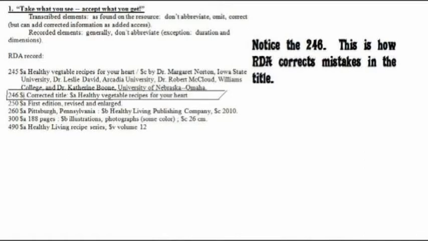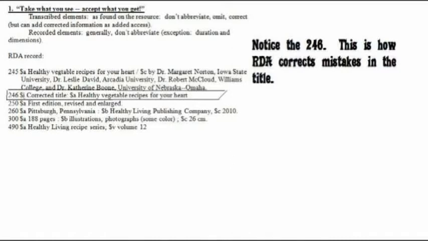Notice too the inclusion of the subfield i, which contains the text corrected title. Our current OPAC doesn't interpret this coding and won't display the 246 in this case in an optimal way, which is to say the title with the spelling corrected should appear as the main title, but it currently will not. This is something that will need to be reconfigured for our future OPACs.